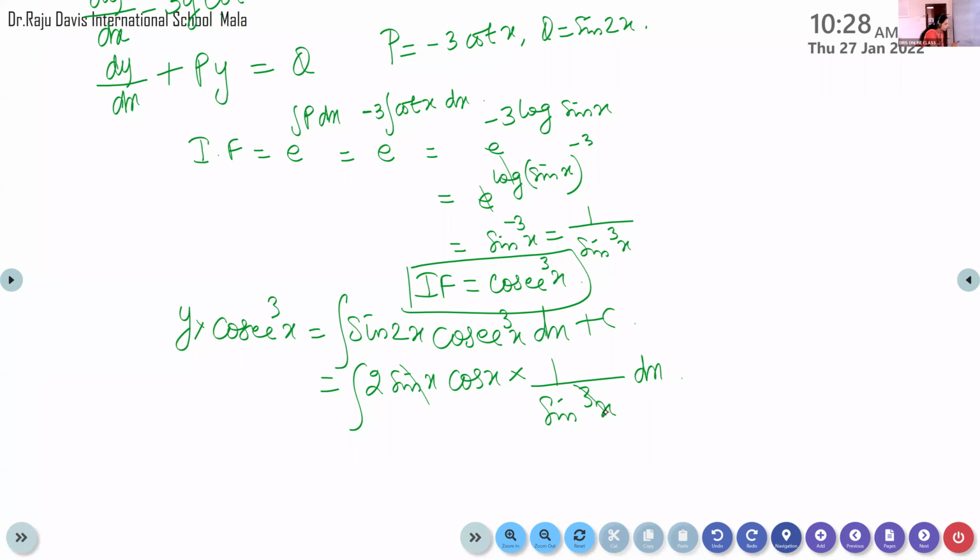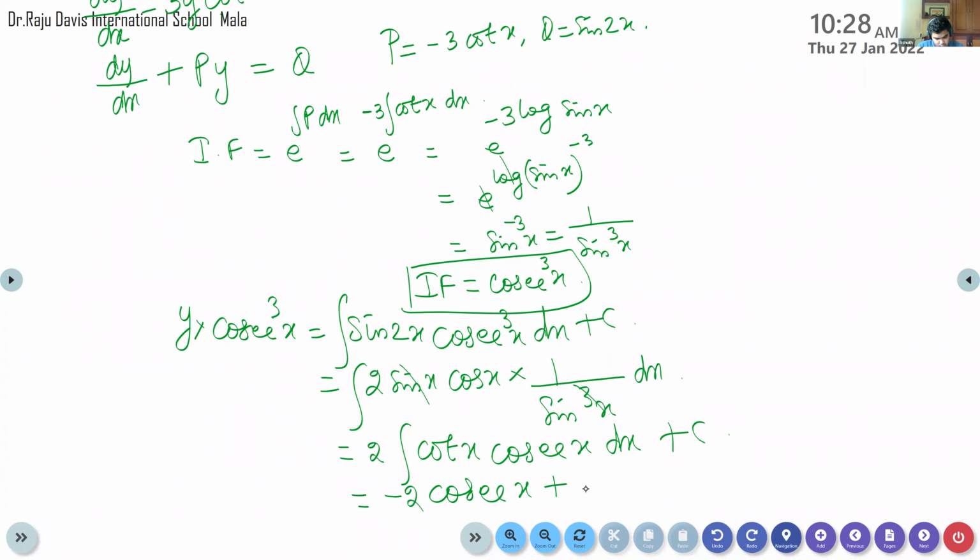One sine will get cancelled, and 2 you can take outside. Cos by sine we can write as cot x, so we get 2 integral of cot x cosec x dx plus c. Integral of cot x cosec x is minus cosec x. So y into cosec cube x is equal to minus 2 cosec x plus c.